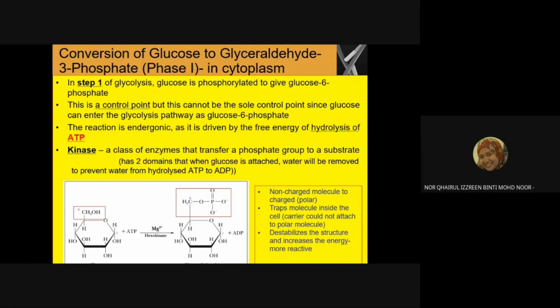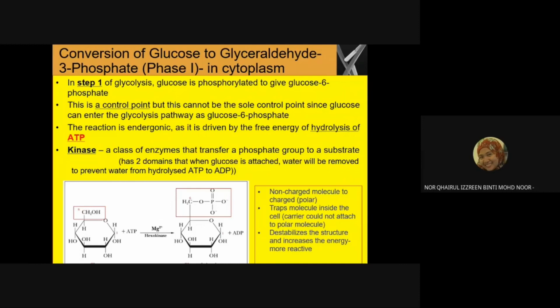So here is a glucose molecule, you need ATP, and you need the enzyme hexokinase to produce glucose 6-phosphate.